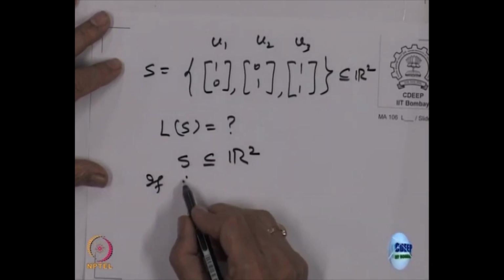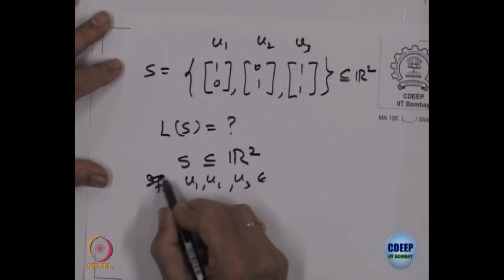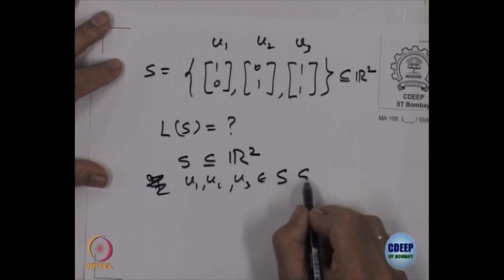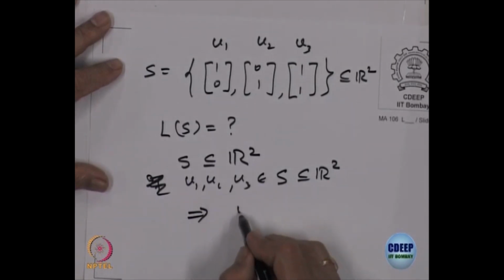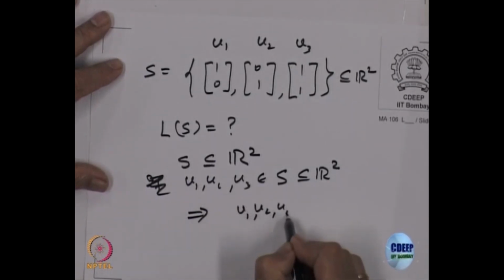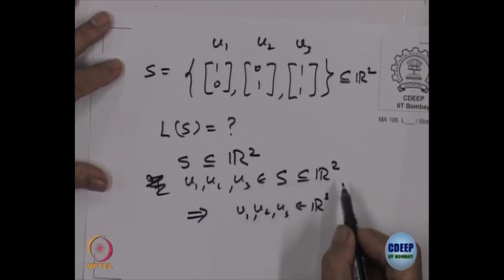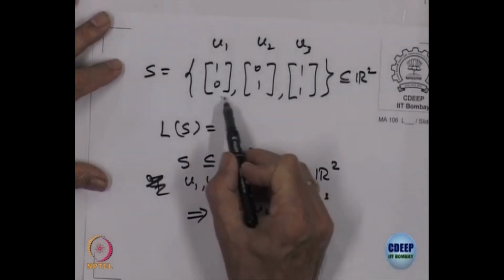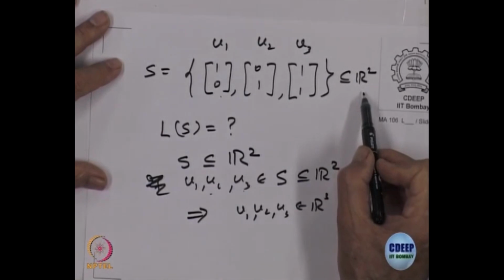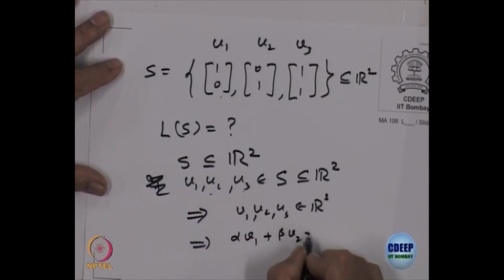So, V1, V2, V3, they belong to S, which is a subset of R2. So, what does that mean? That means V1, V2, V3 also belong to R2, right. It belongs to the subset, so it belongs to the whole space anyway, as a set. If something is an element of a subset, it is also an element of the whole thing. So, V1, V2, V3 are elements in S, they are also elements of R2, but that implies where is alpha V1 plus beta V2 plus gamma V3?